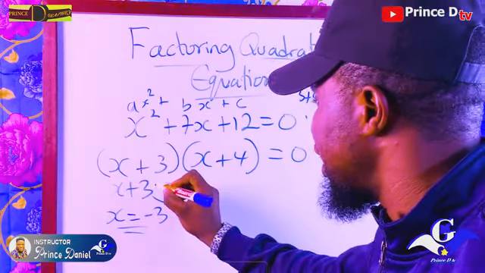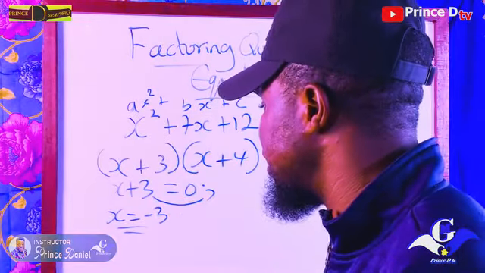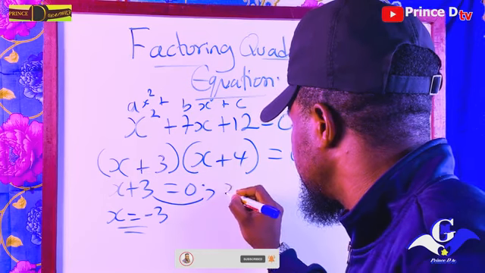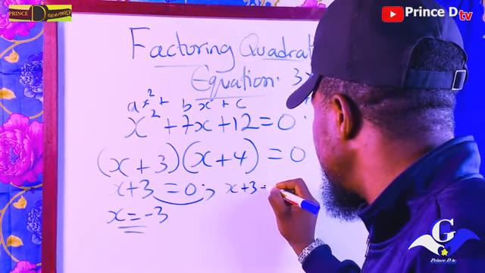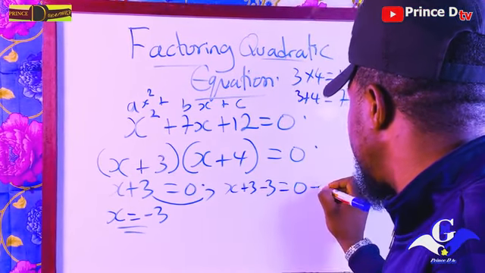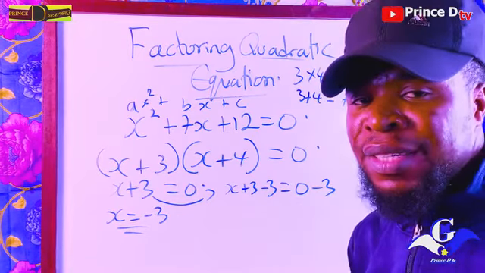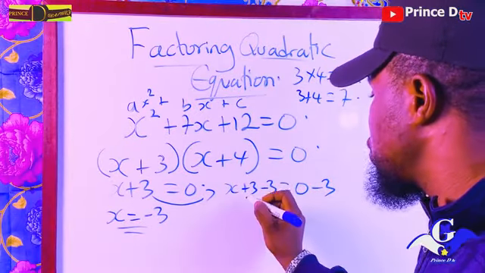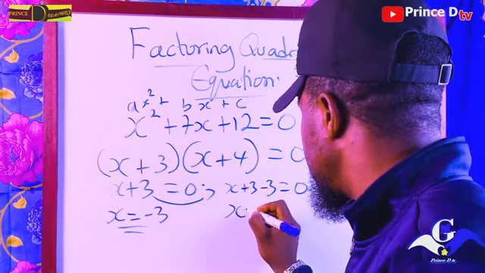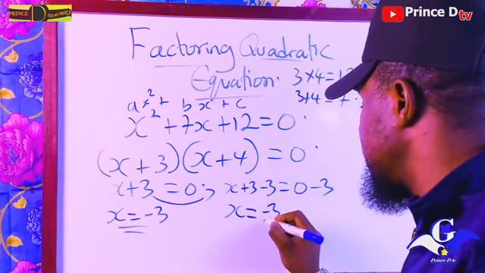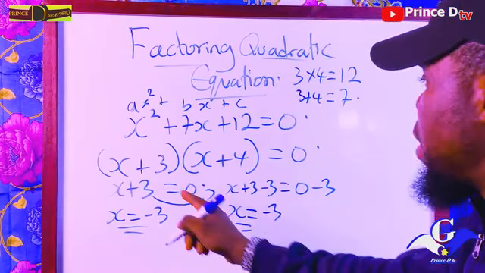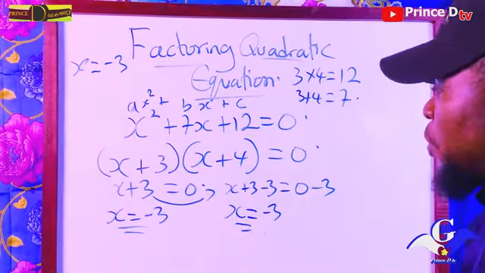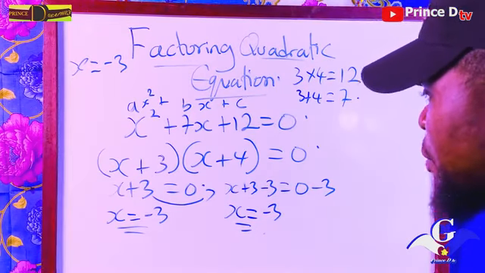So that is my first solution. Or you can take the second method, subtracting 3 on both sides. So we'll have x plus 3 minus 3 is equal to 0 minus 3. Why are we subtracting? Because we want to eliminate 3. We need to have x equal to a certain number. So x plus 3 minus 3 is 0, so we are left with 0 minus 3, which is minus 3. So our first solution here is x equals minus 3. Now, the second one, x plus 4.